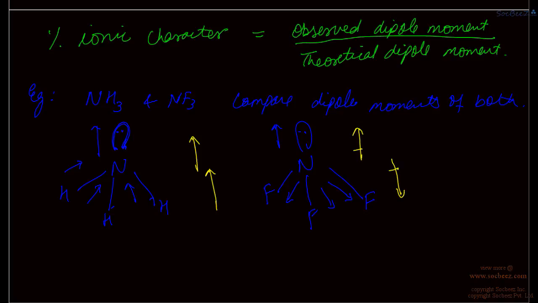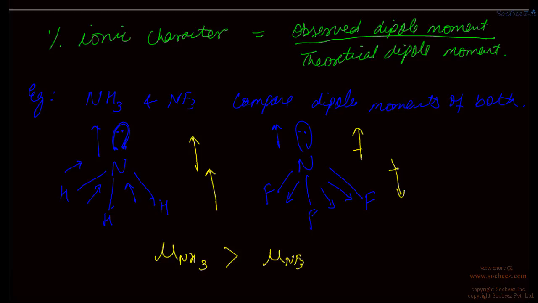Therefore the net polarity due to fluorine is downwards, and the net polarity due to the lone pair is upwards. Hence the net dipole moment is much less in NF3 as compared to NH3. Therefore mu of NH3 is greater than mu of NF3.